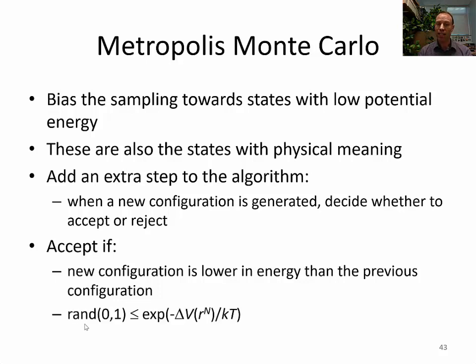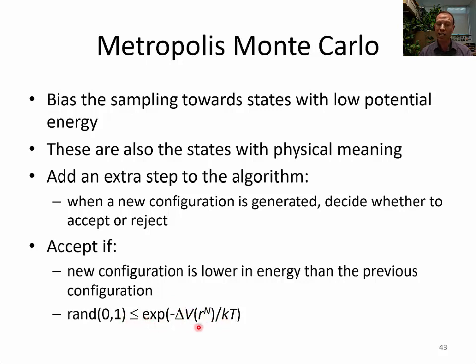If the potential energy is higher than the current energy, then we might accept it. And whether or not we accept it depends on the Boltzmann factor of the energy. So we'll work out the exponential of the difference in energy between the previous conformation and the new conformation divided by kT.